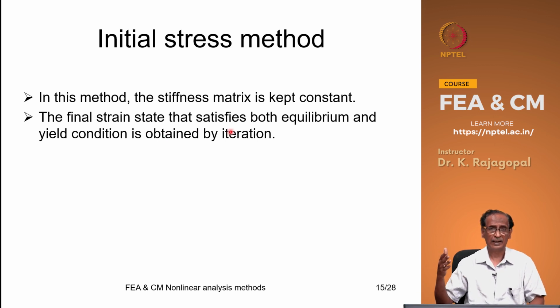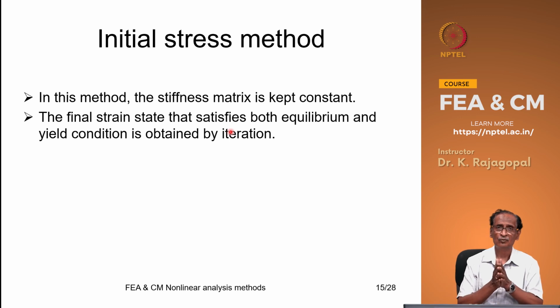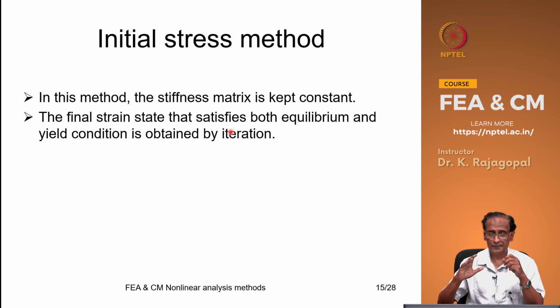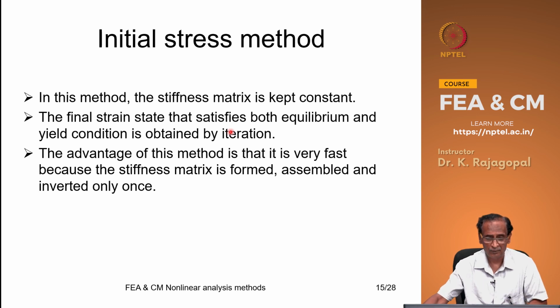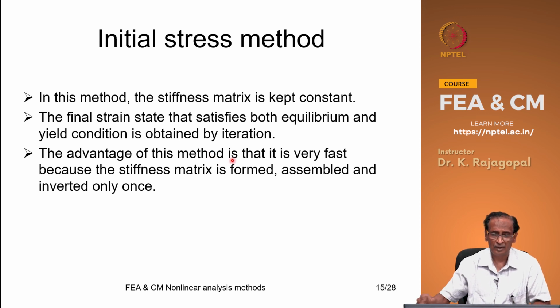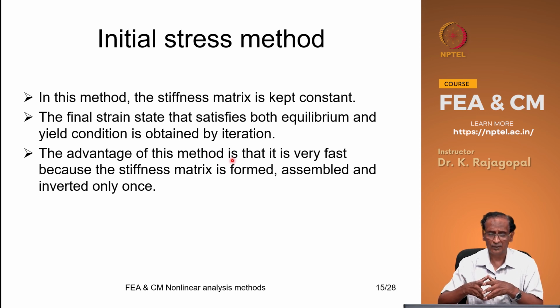We perform several iterations until we are able to satisfy the equilibrium and also the yield condition. See, the advantage of this method is that it is very fast, because we form the stiffness matrix only once, and assemble and invert it only once.